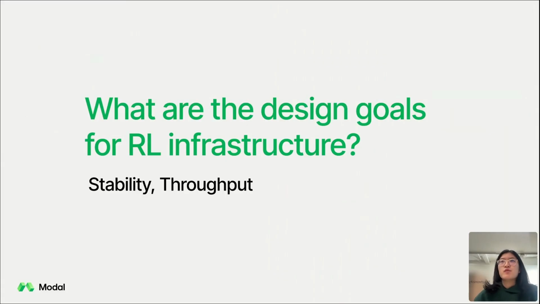For example, if you use sandboxing to do RL environments, you want your RL environments to have fast cold starts, and you also want it to be a very stable thing that you can rely on to take action. If you want to do inference, you also want your inference to be stable, and in general, you want your training to be stable. And when people talk about checkpointing, I think that also plays into this stability aspect.